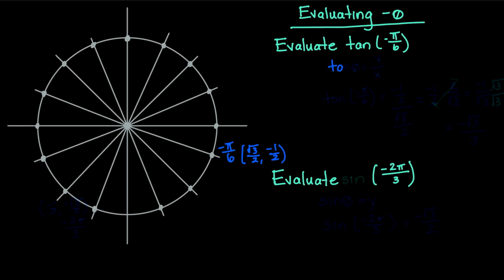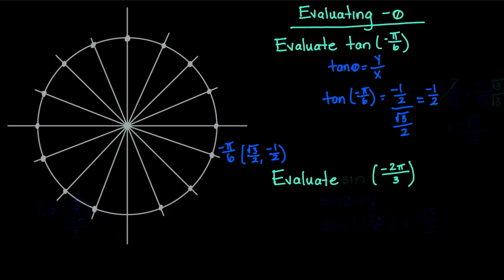Tangent of theta is going to be y over x. So tangent of negative pi over 6 is going to be negative 1/2 divided by radical 3 over 2. Have a fraction divided by a fraction, so we need to keep change flip.